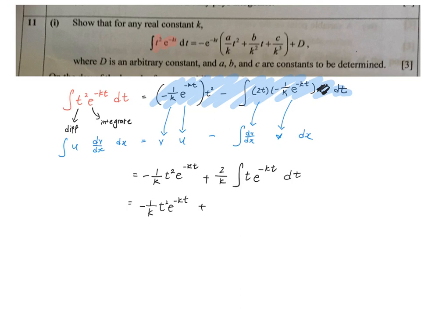This is just integral, 2 over k, integrating the left side, minus 1 over k e to the power minus kt multiplied by t, minus the integral of, again, minus 1 over k e to the power minus kt, and differentiating this gives me 1 dt.